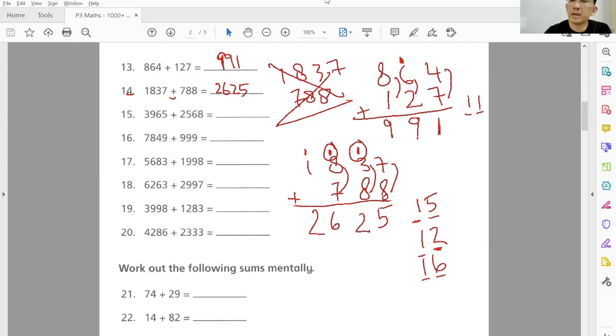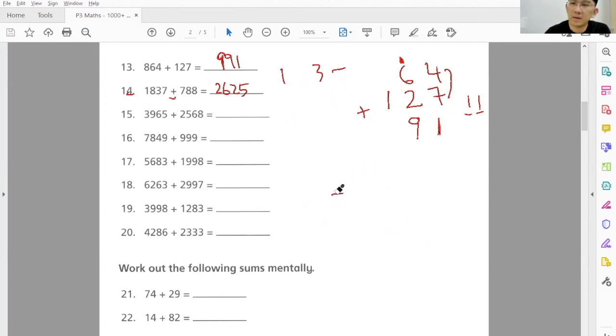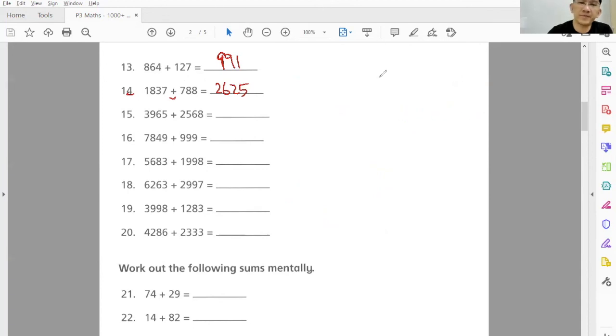Okay, now let me just clear up some of this so that I have space to write. Good. All right, now I'm ready to do number 15. And this is going to be the last question for us tonight.